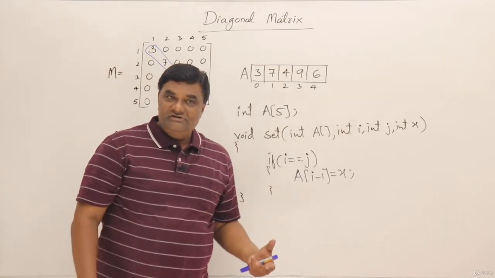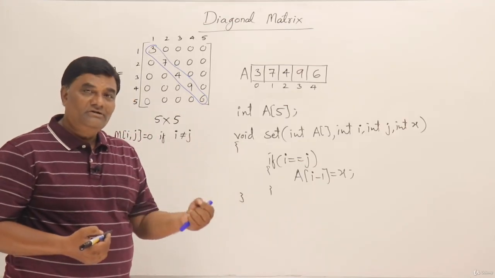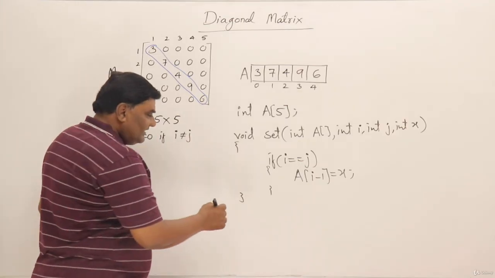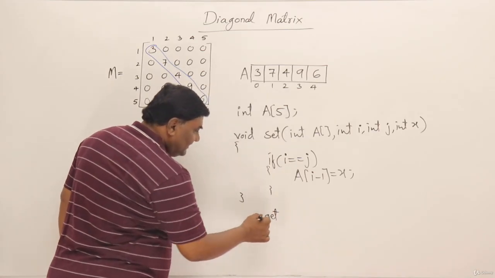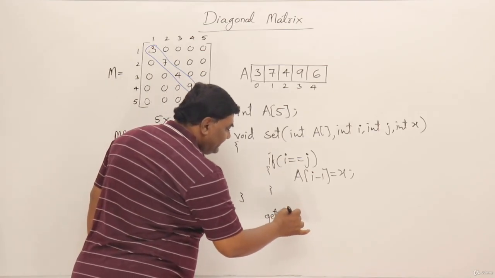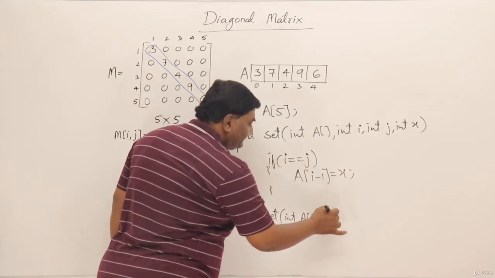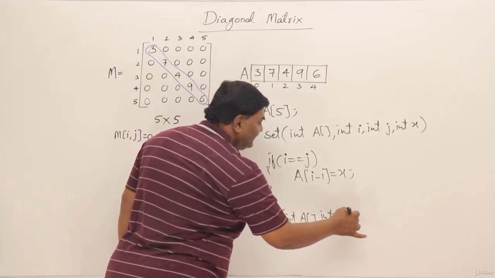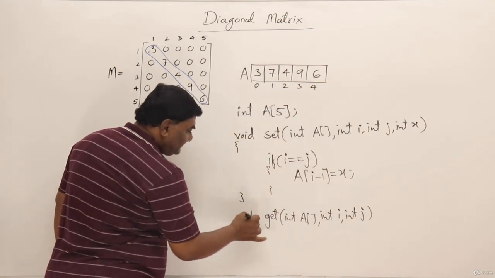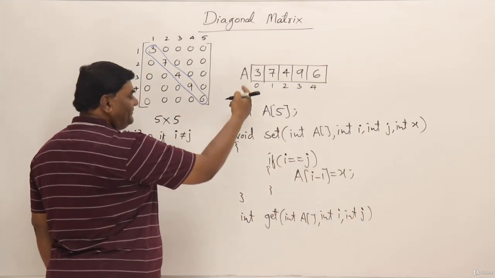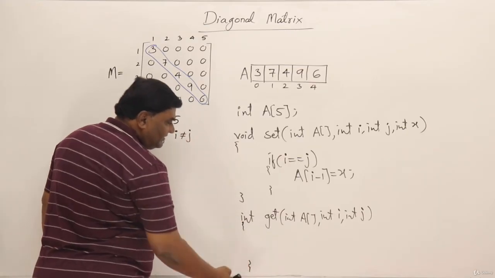Now I need a function for reading or retrieving the data from some row number and column number. For that, I will write a function called get, and this also needs an array, and it needs indices I and j, that is row number and column number, and it has to return the element, so the return type is integer.